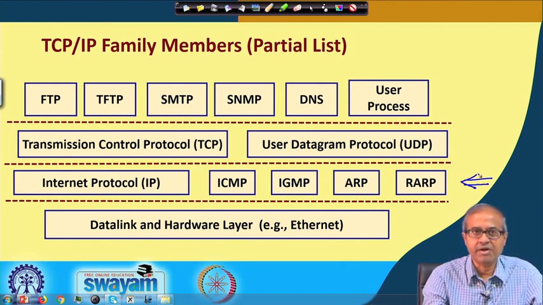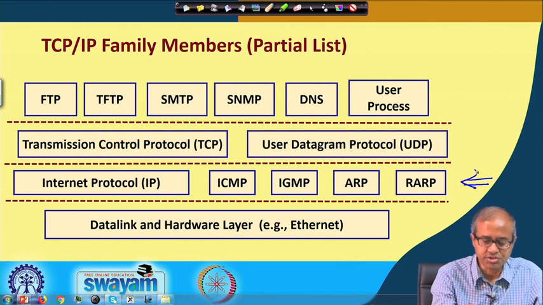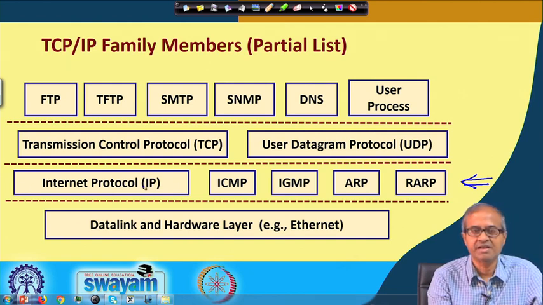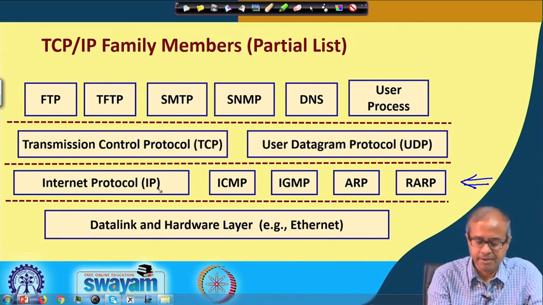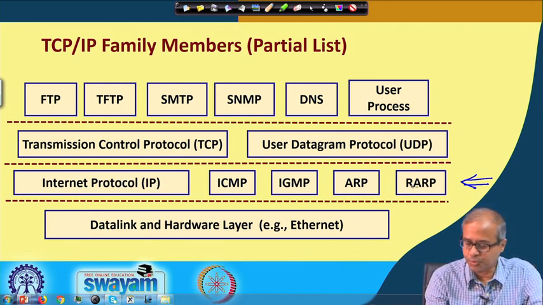Now at the network layer, the most important protocol is the internet protocol or IP. IP is the most important protocol that is responsible for routing of the packets, right. Now, in addition there are some other protocols, I will briefly talk about these after this: ICMP, IGMP, ARP, RARP.